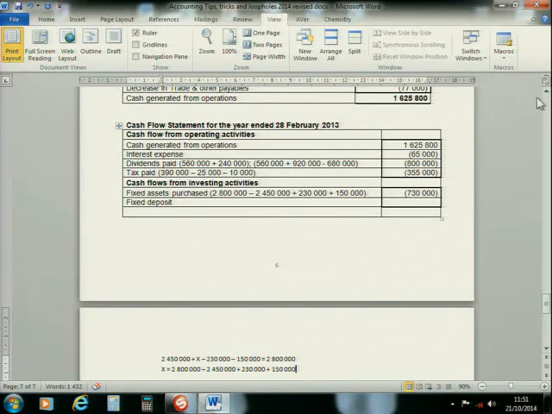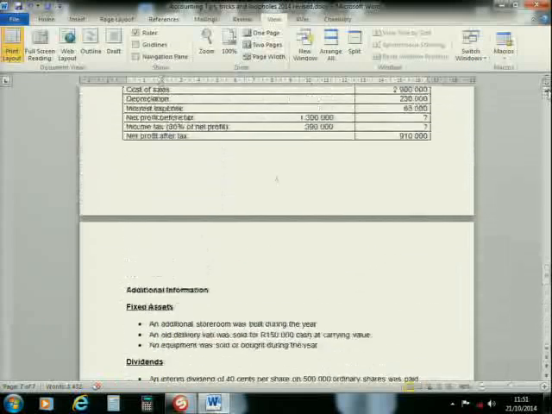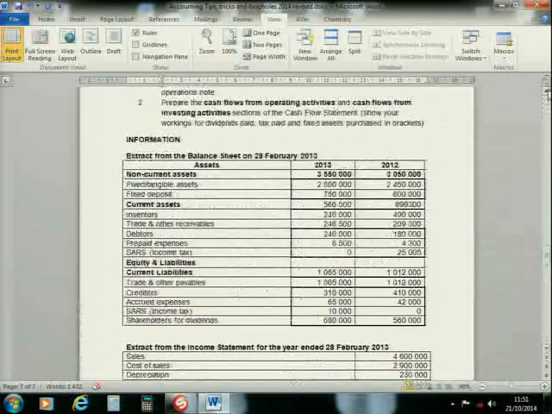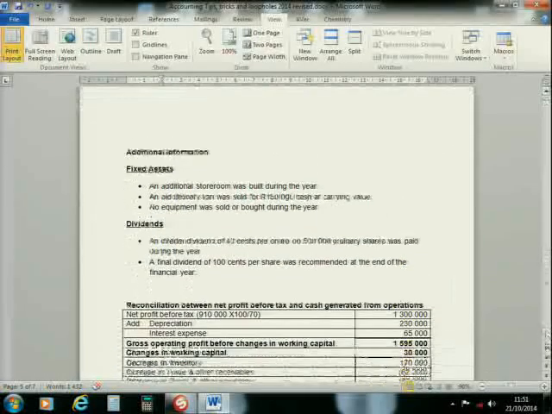Then the movement in your fixed deposit, well, that is straightforward. In investments, from 600 to 750, so there's an increase in investment of 150.